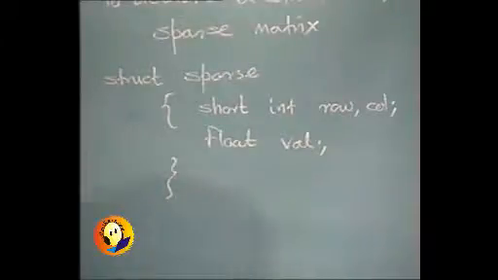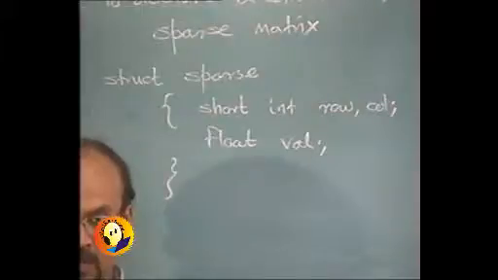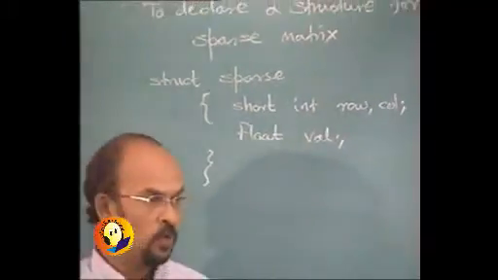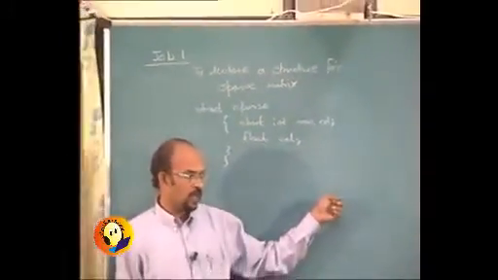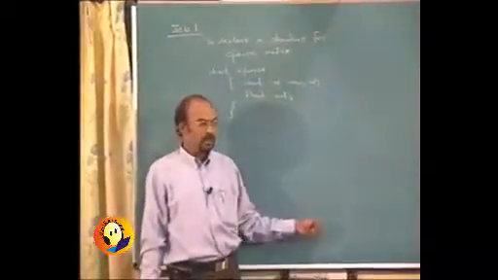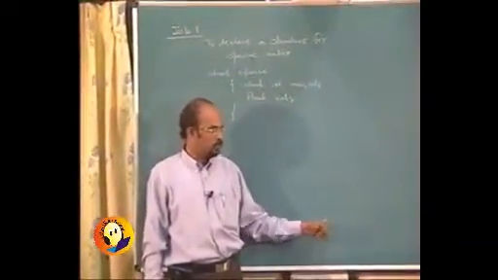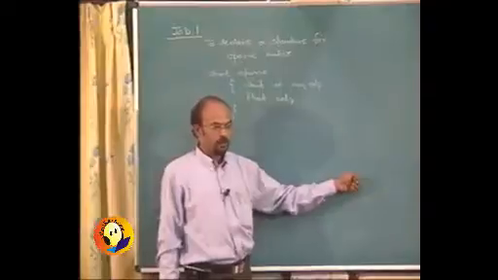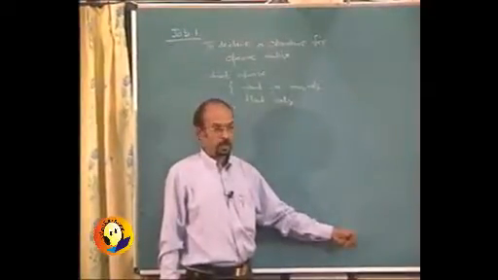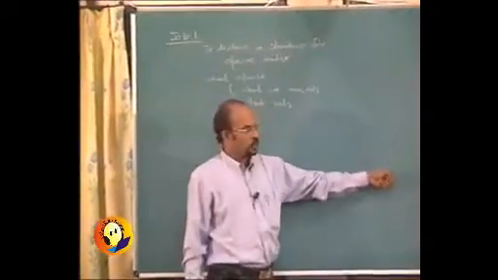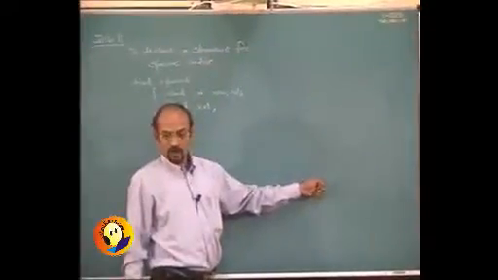And if you have seen the address calculation, it is always base address plus offset. That means to reach any element you will have to first go into the array of row and fetch the row number, that is one calculation, go into the array of column and again fetch the column number, one more calculation, and then go into the array of value.